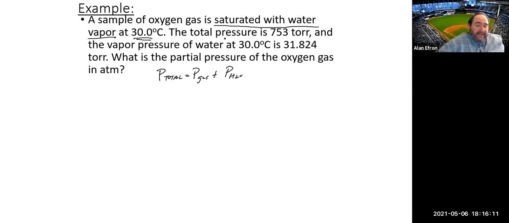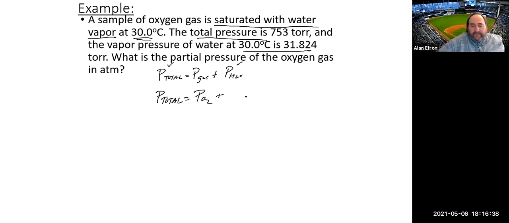In this particular case, they gave us the total pressure is 753 torr. And this is the value that you would find on a table like we just saw on the previous slide: at 30 degrees, the vapor pressure of water is 31.824 torr. So we have this and this. We could then use that along with our specific gas here, which in this case is oxygen.